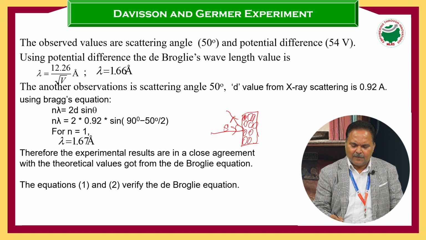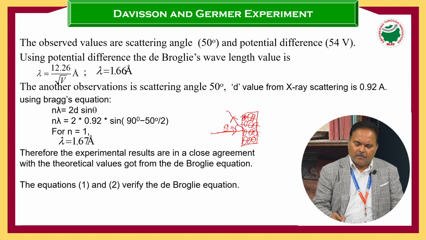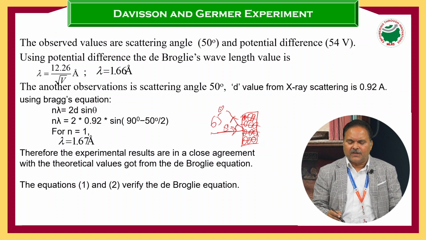The incident ray and the crystalline planes will be like this. The crystalline planes are Bragg planes. So this angle is around 65 degrees, not 50 degrees.